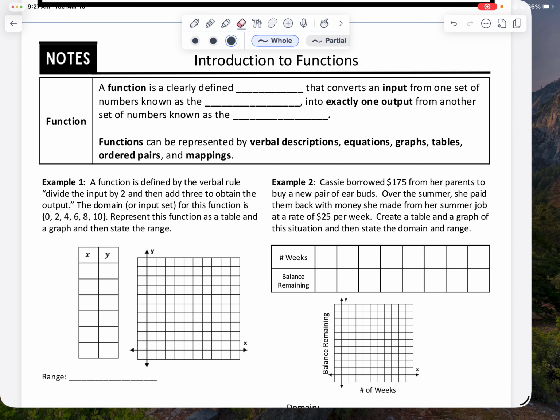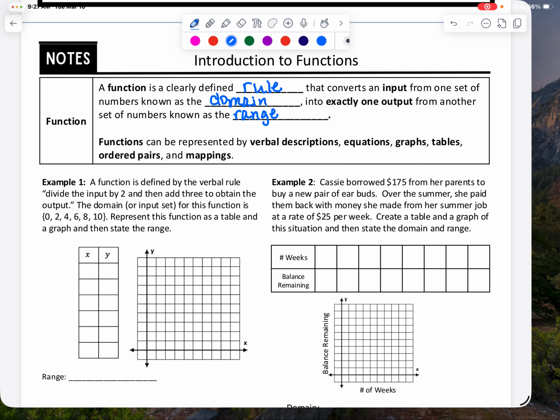All right, let's begin with the definition. A function is a clearly defined rule that converts an input from one set of numbers known as the domain into exactly one output from another set of numbers known as the range.